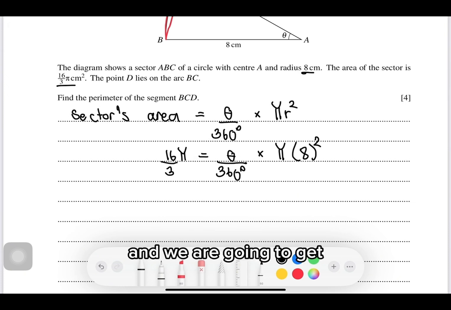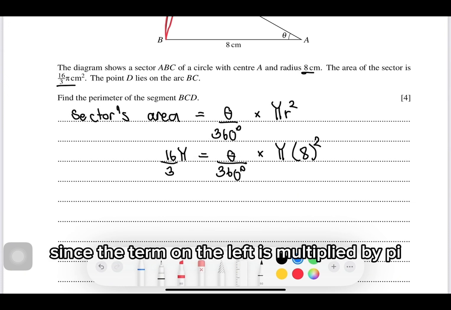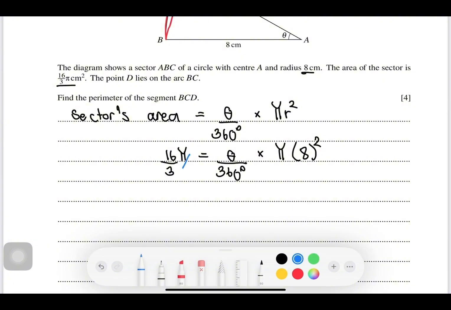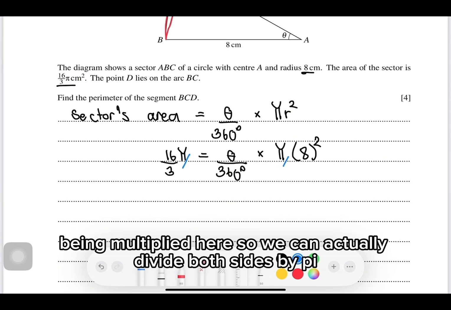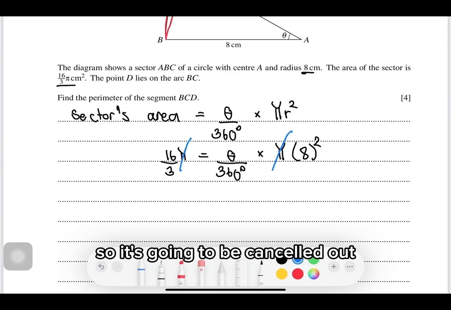Since the term on the left is multiplied by pi, and on the right-hand side we also have pi being multiplied here, we can divide both sides by pi, so it's going to be cancelled out.